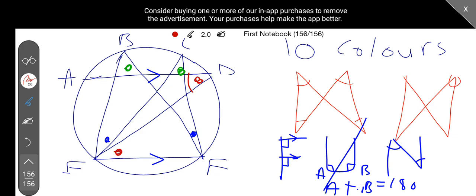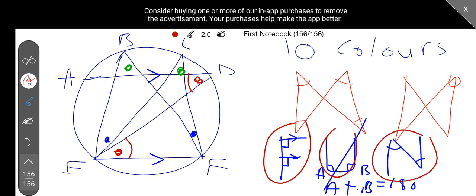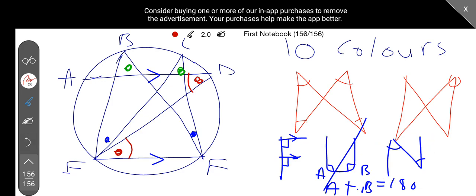If they ask you why, just say alternating angles, because AD is parallel to EF. Whenever you are saying something about corresponding, co-interior, and alternating, always conclude by saying because the two lines are parallel, and state those lines.